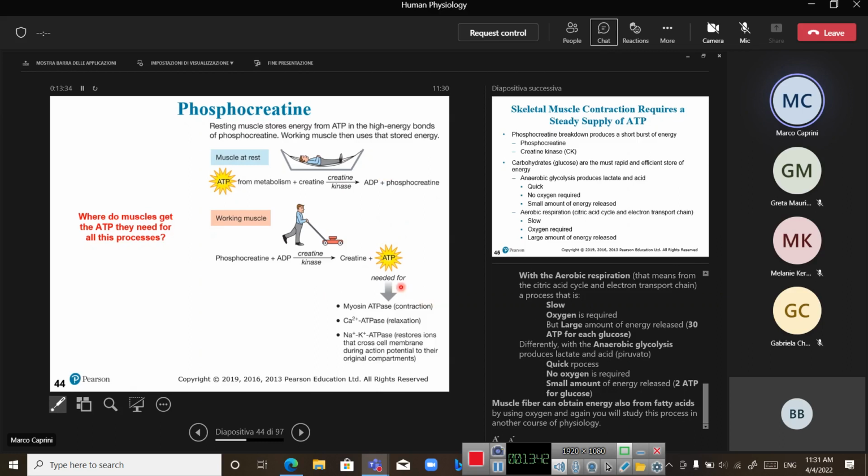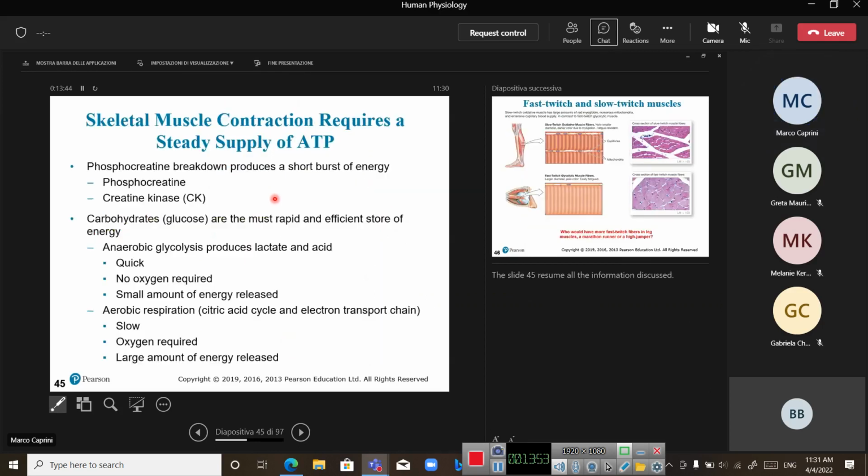So now we know already that in some way skeletal muscle can produce ATP, and we will use it during exercise. Okay? High amount of ATP here and low amount of ATP here.